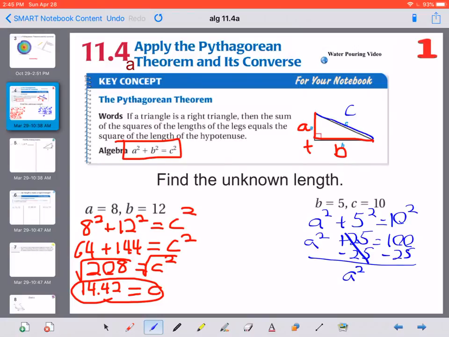So we get A squared equals 75. Now the last step, we just need to find the square root of both of the sides. So we get A equals the square root of 75, which gives me 8.66.